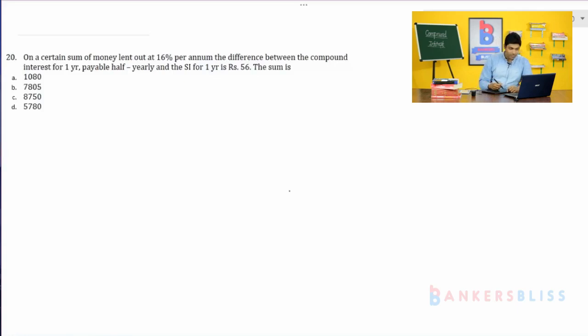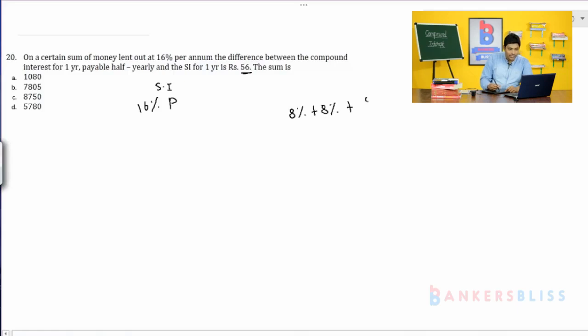So, 16% is the interest on the principal amount under simple interest. Payable half yearly means 8% plus 8% plus 8 into 8 by 100.